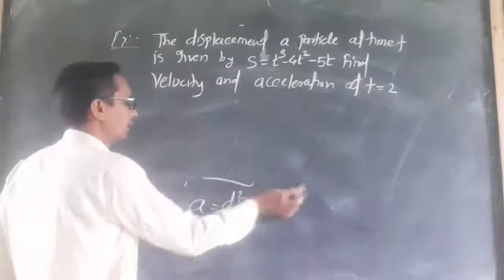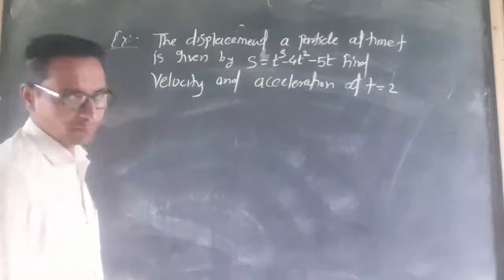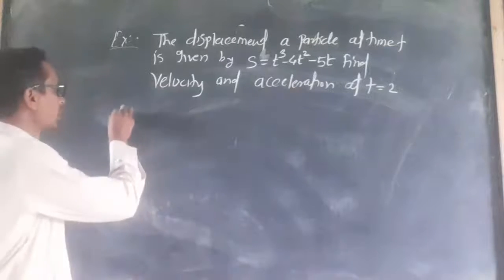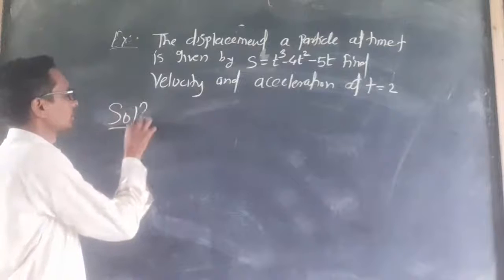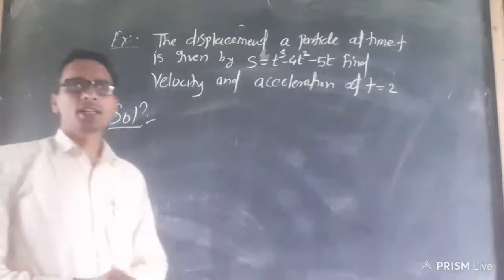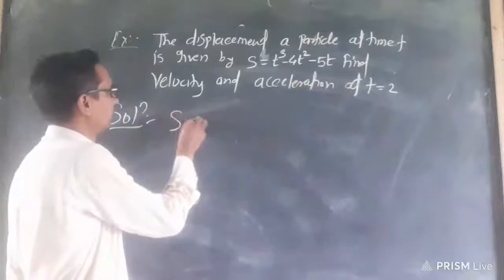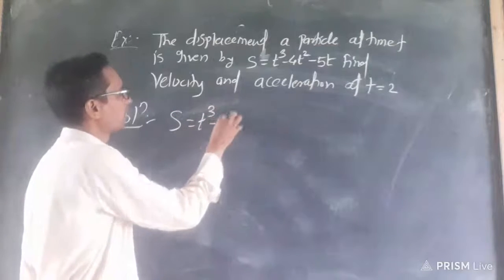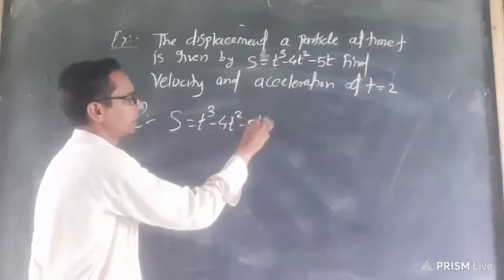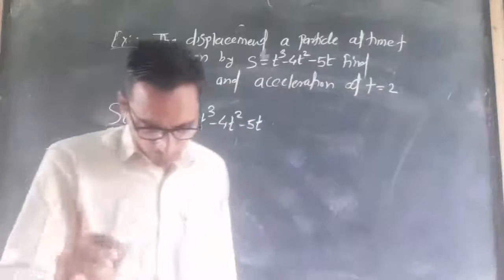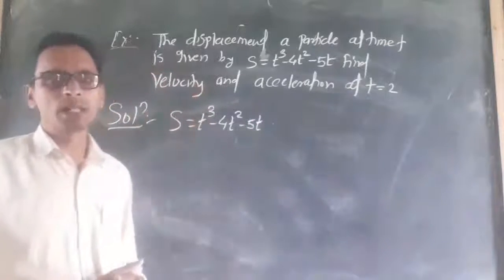Friends, we will see the solution of the given example. Solution. The given displacement is s is equal to t cube minus 4t square minus 5t. Friends, we have to first find the velocity of the given displacement.